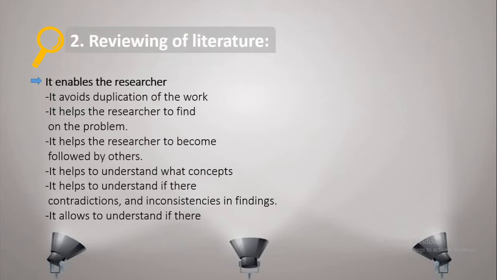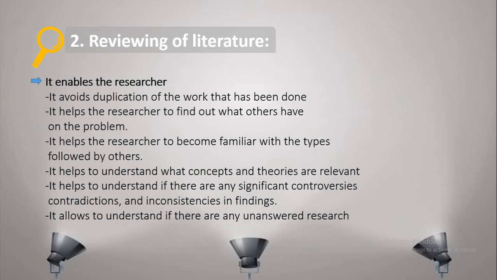The review of literature also enables the researchers to avoid duplication of the work. If the work is already done by someone in the recent past, then a clear review of literature makes it possible that you have to change your topic or your problem, as the problem was already solved or already worked on by some other researcher.